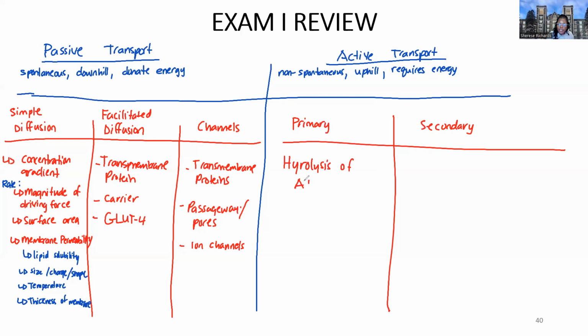We have to hydrolyze ATP in order for the primary transport. The enzyme that's required is going to be coupled to a phosphate being donated, and that's going to liberate the energy required for active transport. An example here is the sodium-potassium pump.